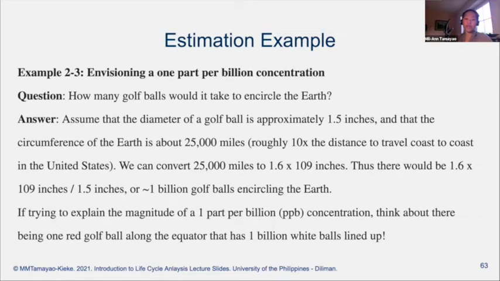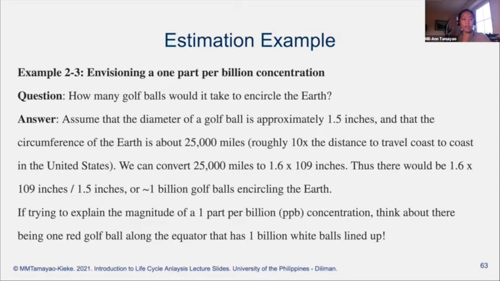This is obviously a US example. We can convert 25,000 miles to 1.6 times 10 to the 9 inches. Thus, there would be 1.6 times 10 to the 9 inches divided by 1.5 inches, or about 1 billion golf balls encircling the Earth. So 1 billion.